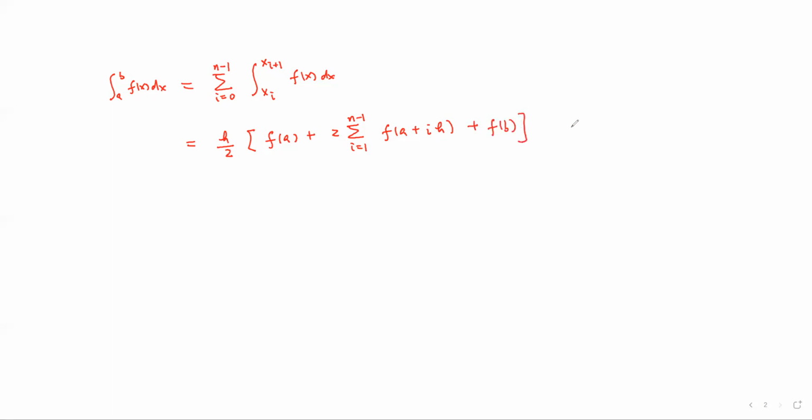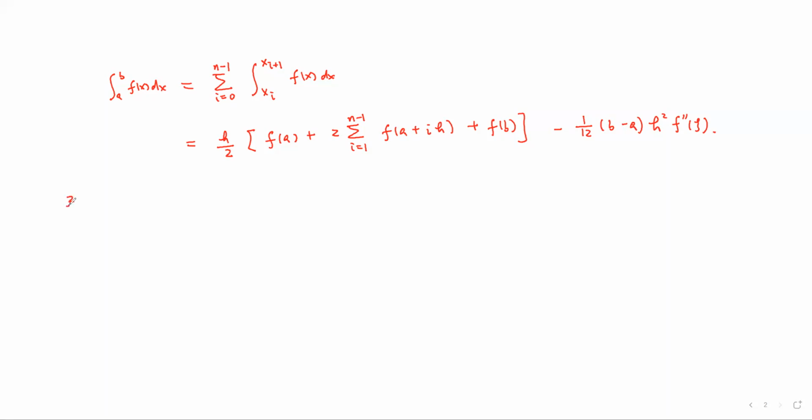The error is minus 1 over 12 times (b minus a) times h squared times the second derivative of f evaluated at some point psi. Okay, this is the composite trapezoid rule.